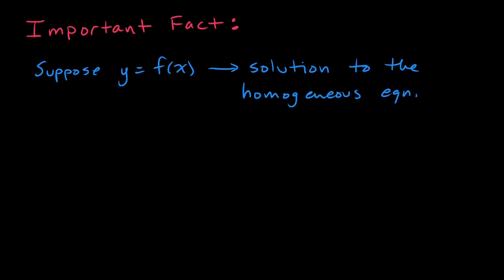The right-hand side has to be 0, or the d of x term is 0. We already know how to generate solutions for those cases because we discussed those in the previous lecture.